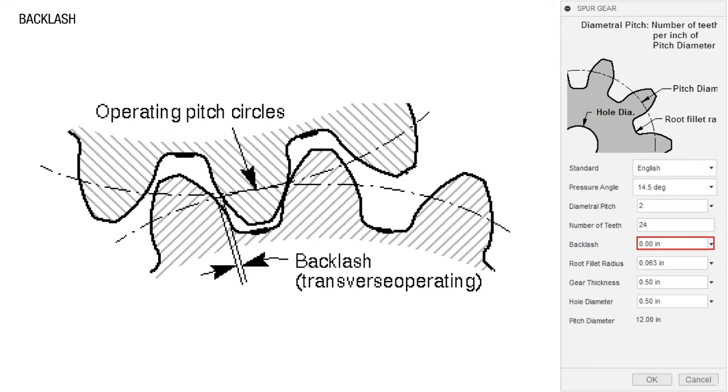Also, if you're going to be machining the teeth of the gears, hobbing them out of aluminum with a very accurate process, then you're also going to be able to make a small amount of clearance and have a little backlash.